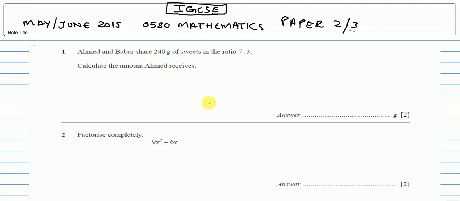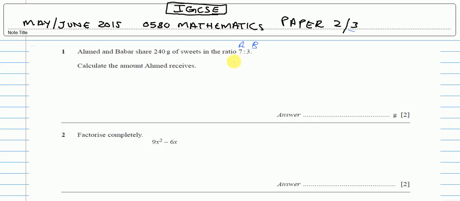Ahmed and Babar share 240 grams of sweet in the ratio 7:3. Calculate the amount Ahmed receives. Now, obviously, Ahmed has been written first, so this has been given respectively as it is written. This is for Ahmed, that's for Babar.